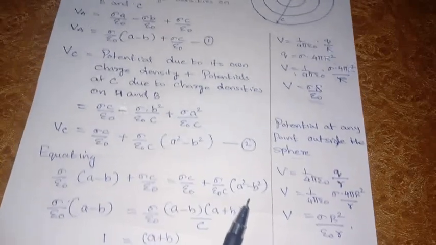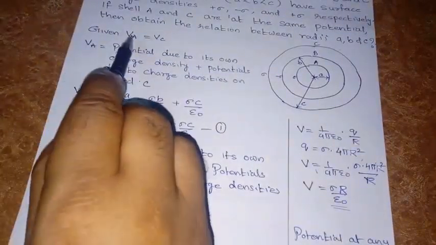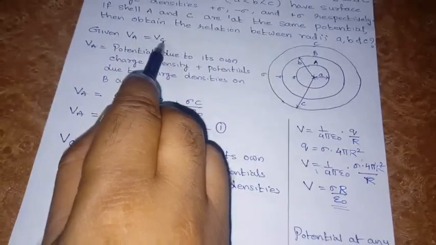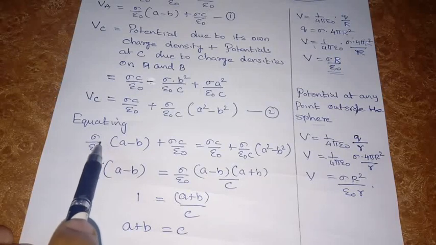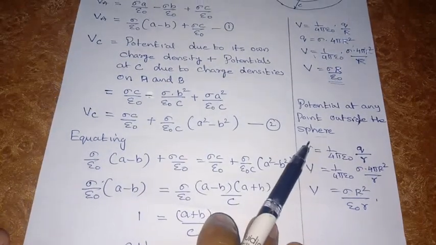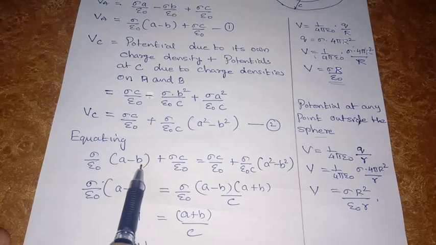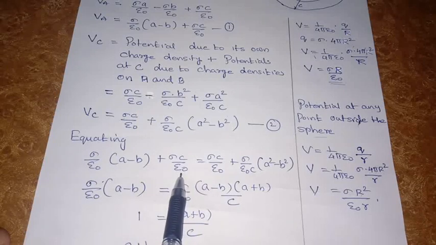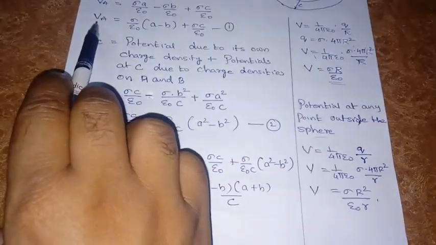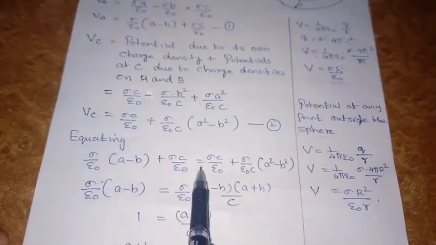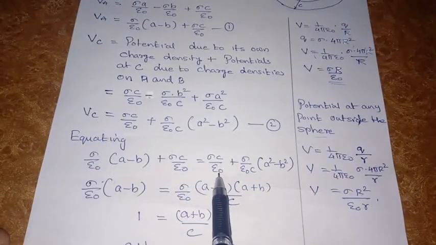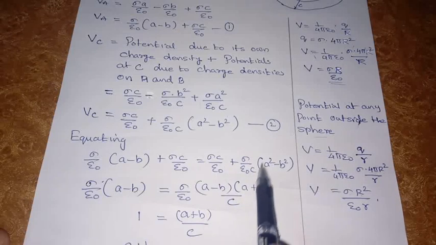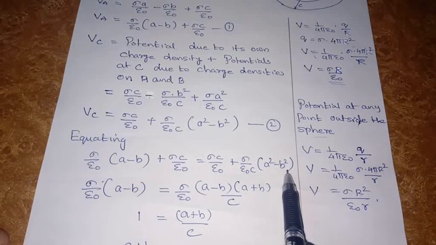It is given potential of A, total potential of A is equal to total potential of C. Therefore let us equate 1 and 2 together. So I will be getting sigma by epsilon 0 into A minus B plus sigma c by epsilon 0, that is equation number 1, total potential of A, that will be equal to total potential of C, sigma c by epsilon 0 plus sigma by epsilon 0 c into A square minus B square.